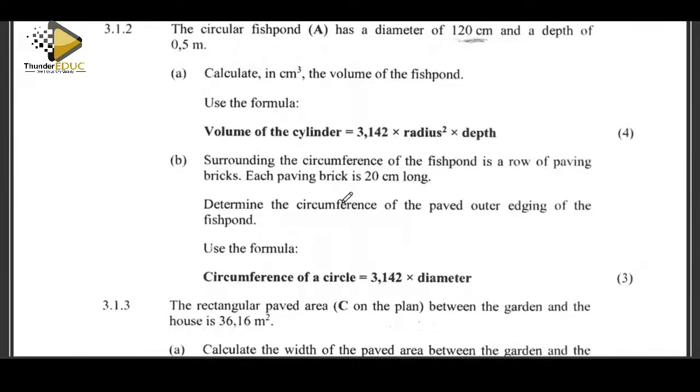3.1.2. A circular pond A has a diameter of 120 centimeters and a depth of 0.5 meters. Calculate in centimeters cubed the volume. They have given the formula, but they want the answer in centimeters. So the depth had to change to centimeters.